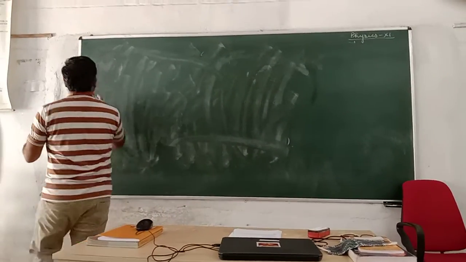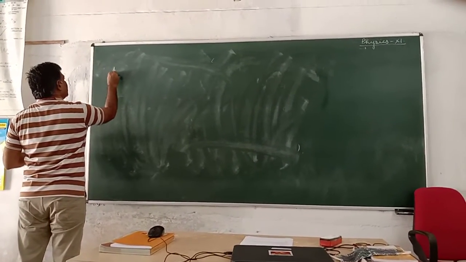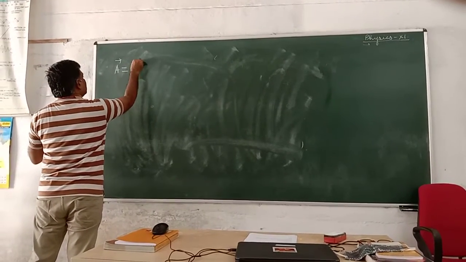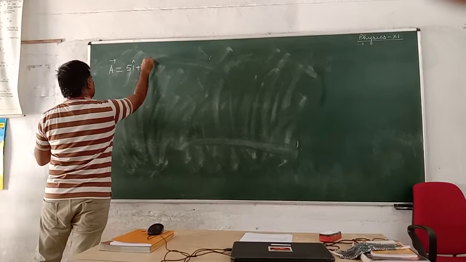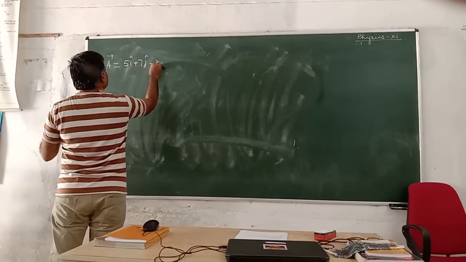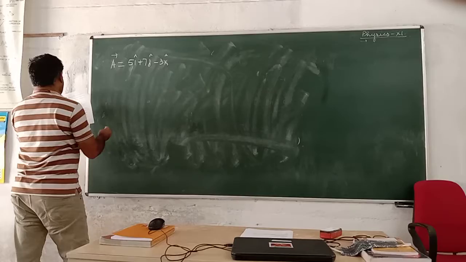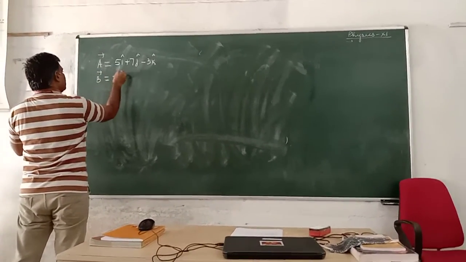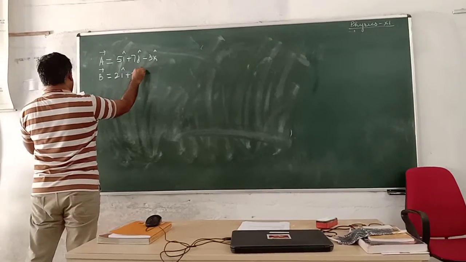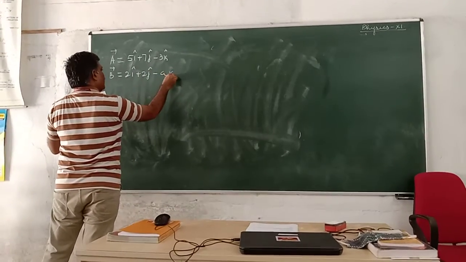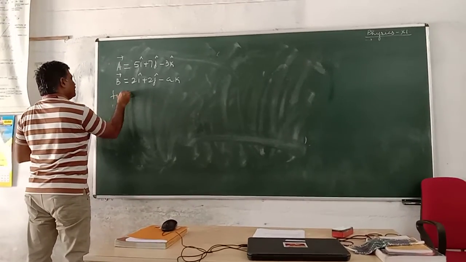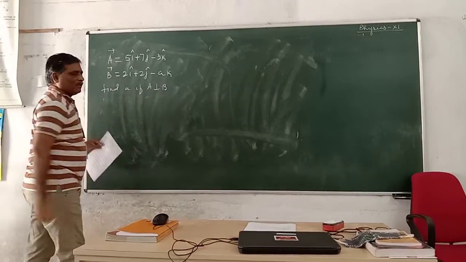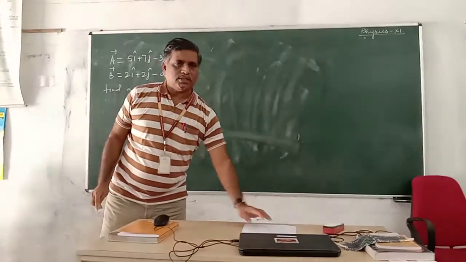Let us take vector A, which is equal to 5i plus 7j minus 3k, and vector B is equal to 2i plus 2j plus ak.